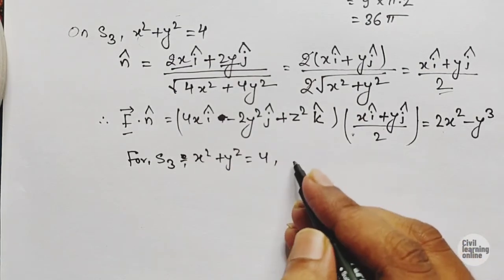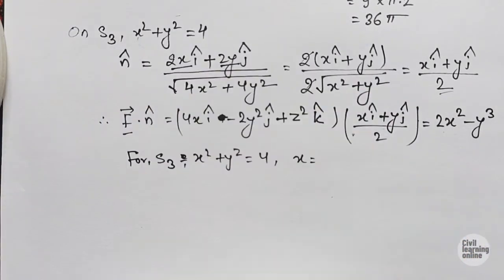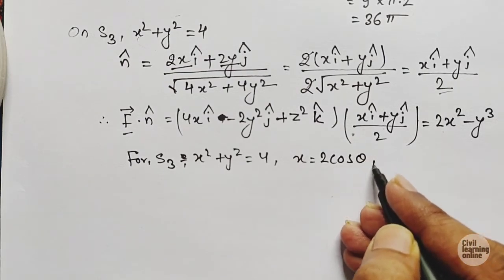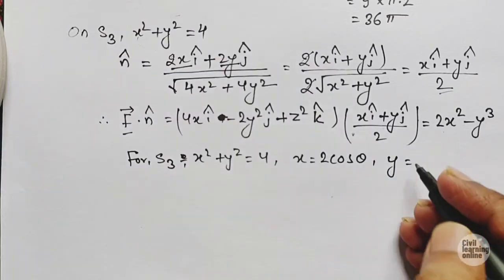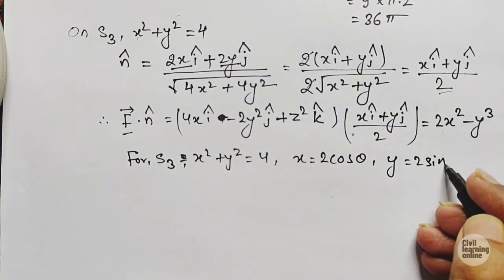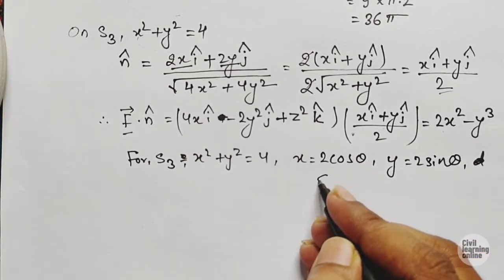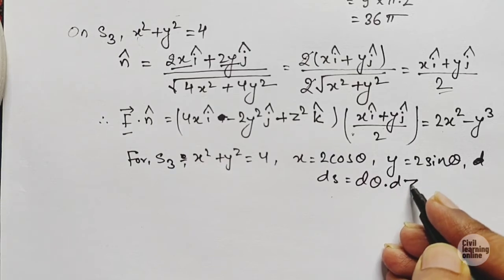We will have x equals r cos theta, meaning 2 cos theta. Similarly, y equals r sin theta, so 2 sin theta, and ds will be equal to d theta multiplied by dz.